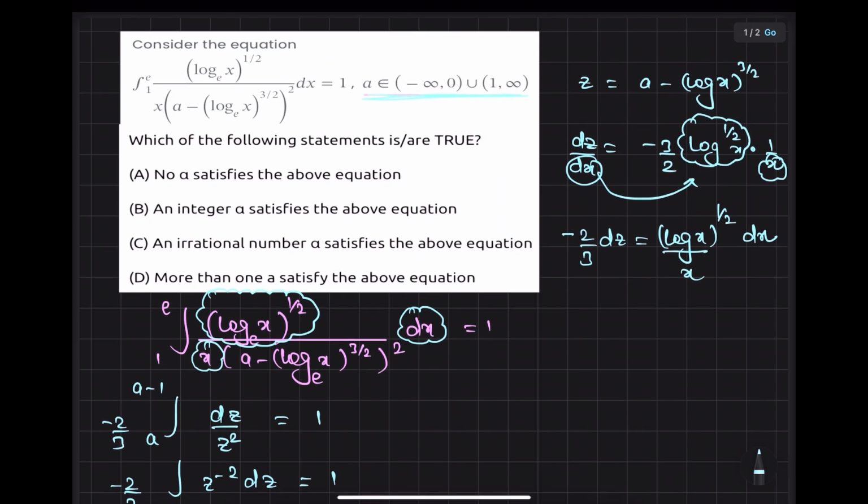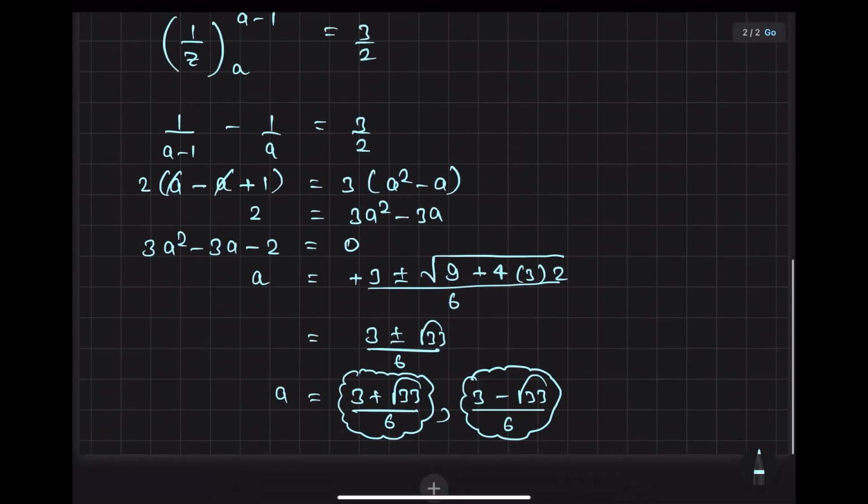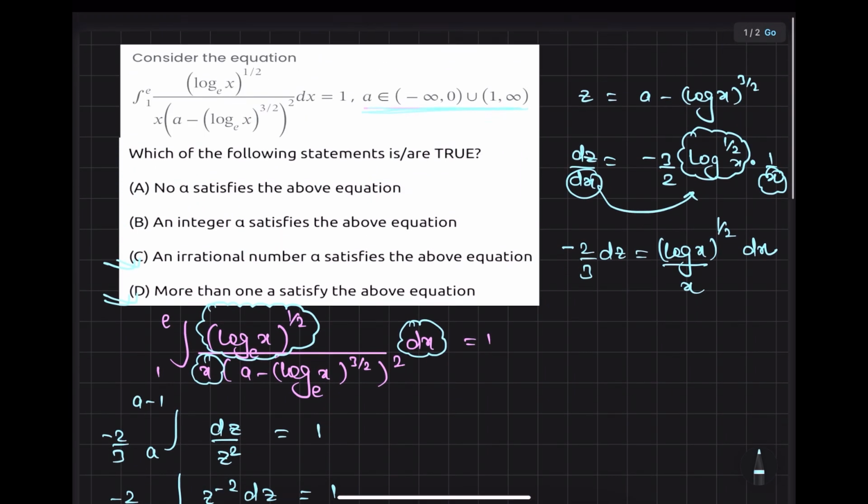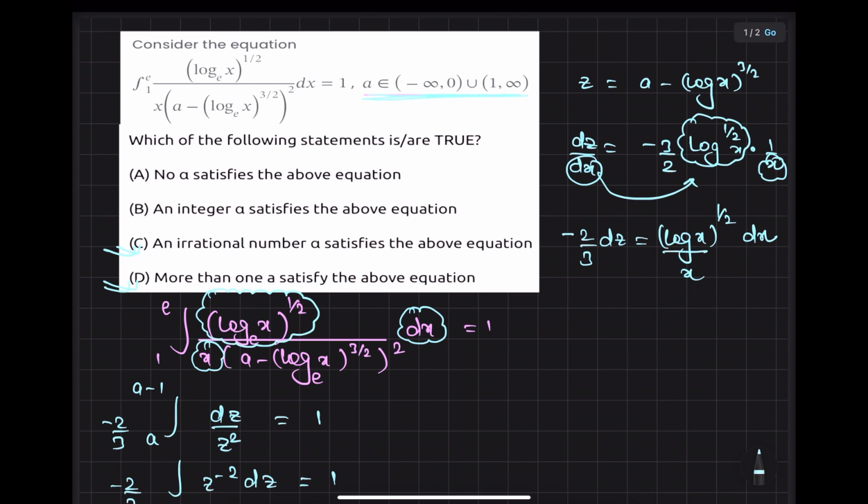An irrational number satisfies the above equation: yes, it is correct, it's an irrational number, involving root 33. More than one a satisfies the equation: correct, there are two values of a which hold true for the given equation. I hope the idea is clear and you got the approach, and hopefully you can handle similar situations.